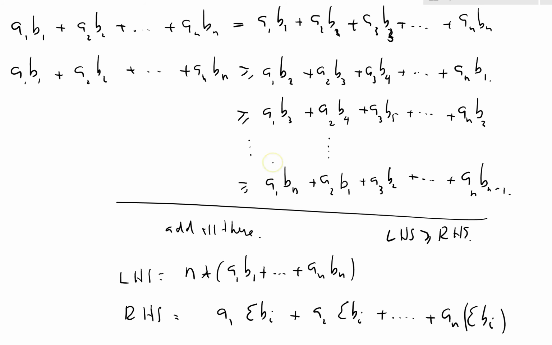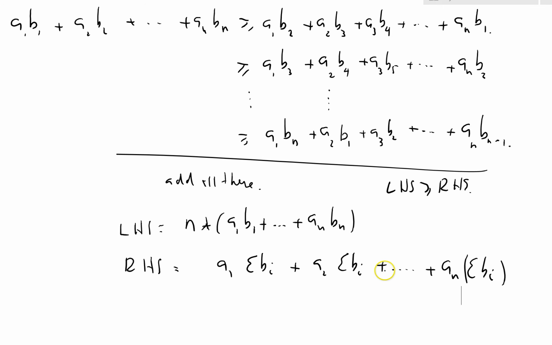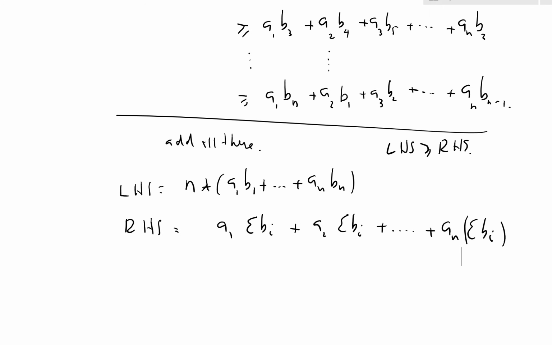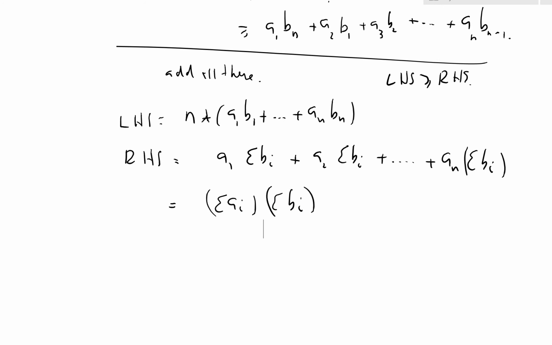I could factorise it in rows, I guess, but I'm factorising it by columns: a1b1, a1b2, a1b3, that's this one here, second column, third column, all the way through. So that equals sigma ai times sigma bi, because I can factorise the sigma bi out.